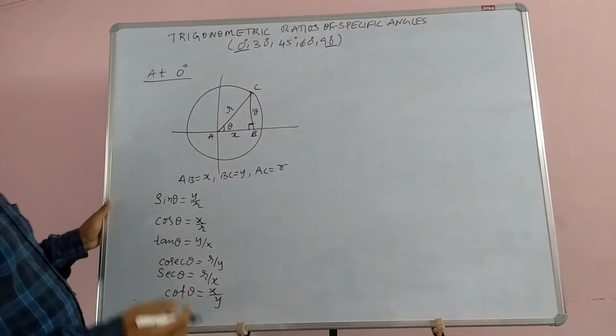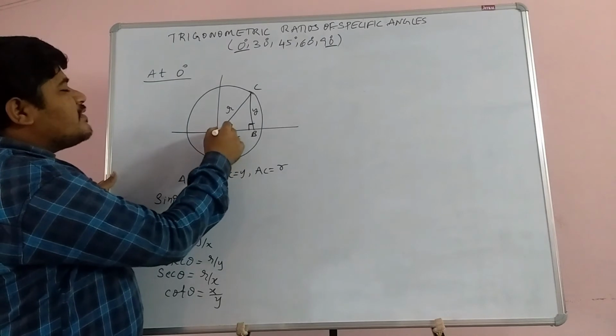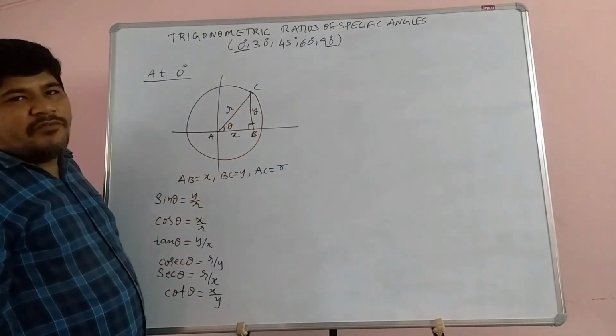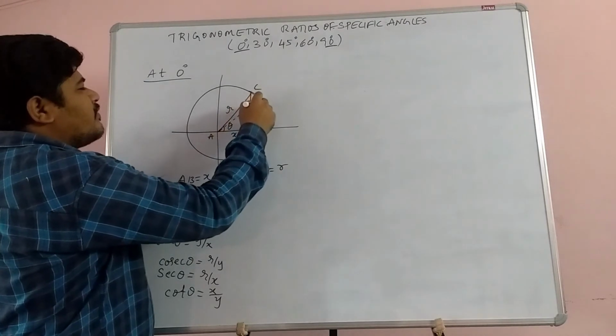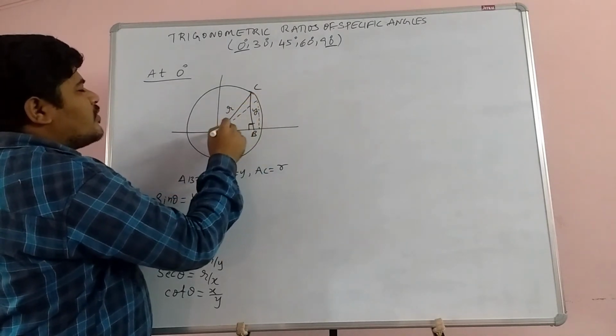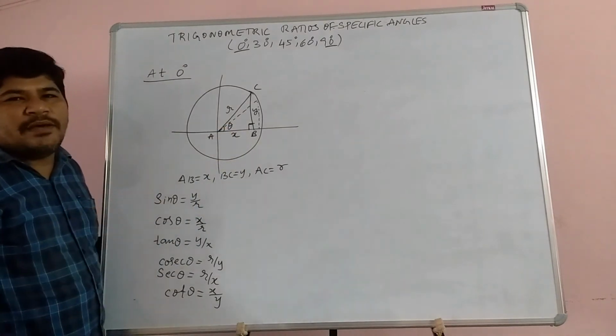Now students, suppose here, whenever this theta value is decreasing, what will happen? It will come down slowly like this. So in that way, if theta becomes 0, what will happen?